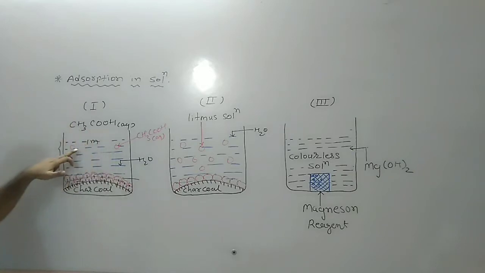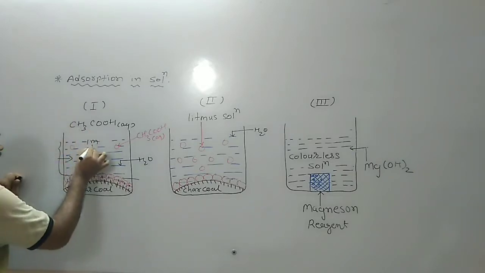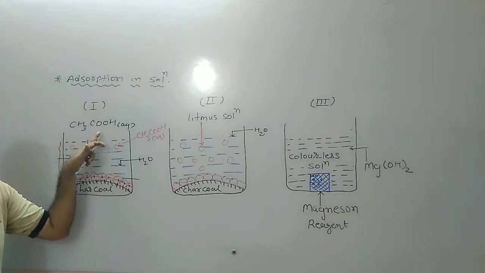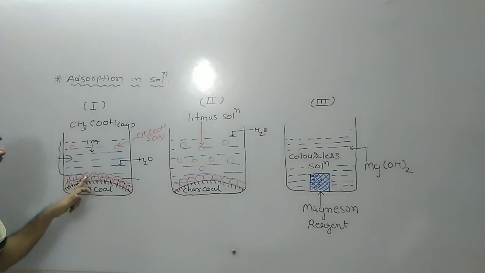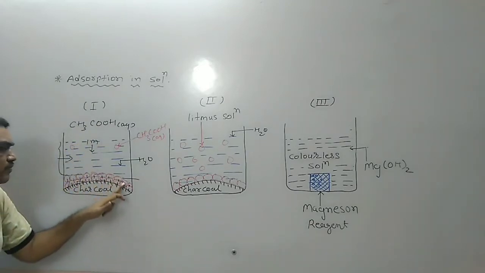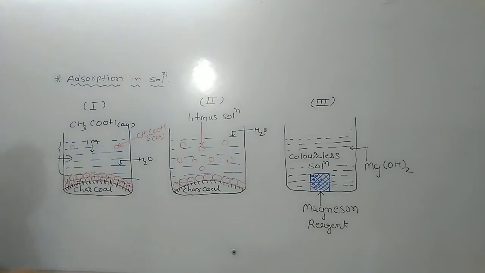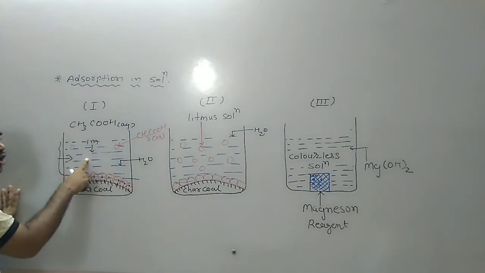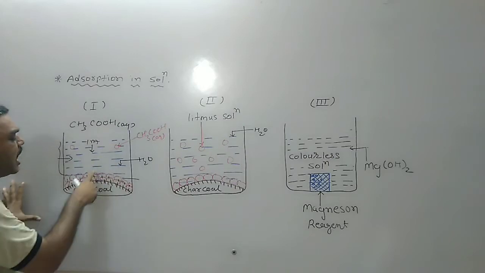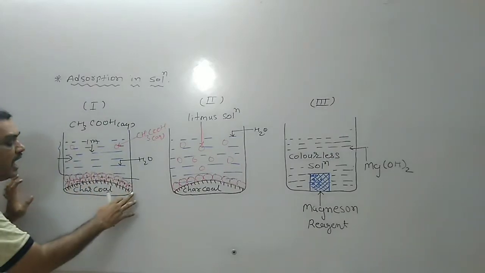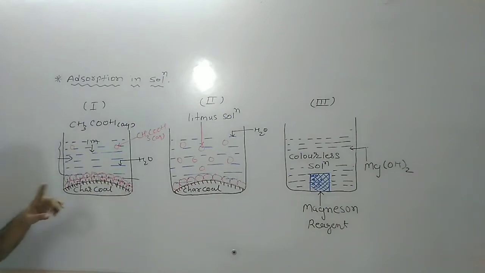You will find that its molarity decreases. Then you can understand that some solute molecules of acetic acid are adsorbed on the surface of charcoal. That is the first thing you can conclude: in a solution, solute particles are adsorbed on the surface of a solid if we add it to the solution.